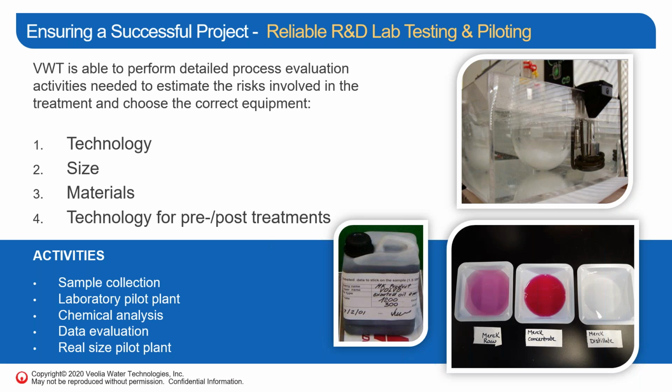And by doing so, we're going to be able to do the best estimates of the risk involved in the treatment and make sure that we choose the right equipment for you. So this really comes down to technology, the size, the materials, if there's technology required for pre and post treatments. So we kind of call it a global approach, where you'll always have access to your local people, but you're going to get the global view on the market.